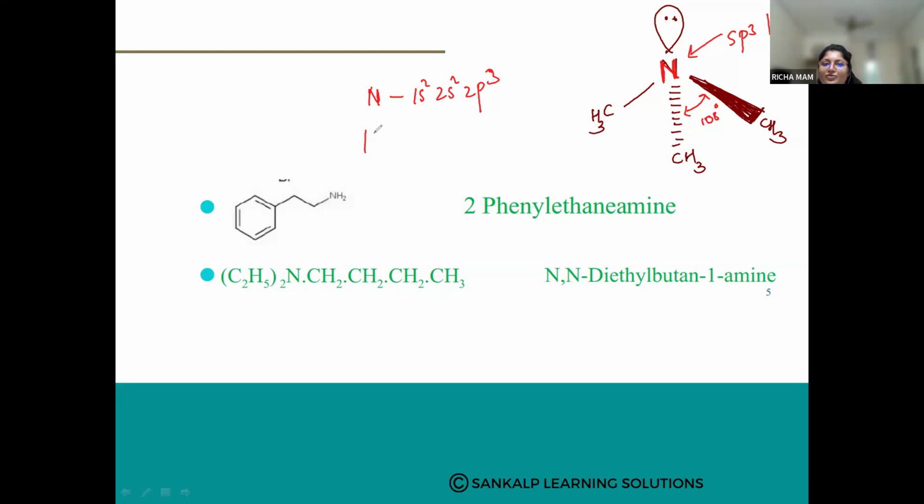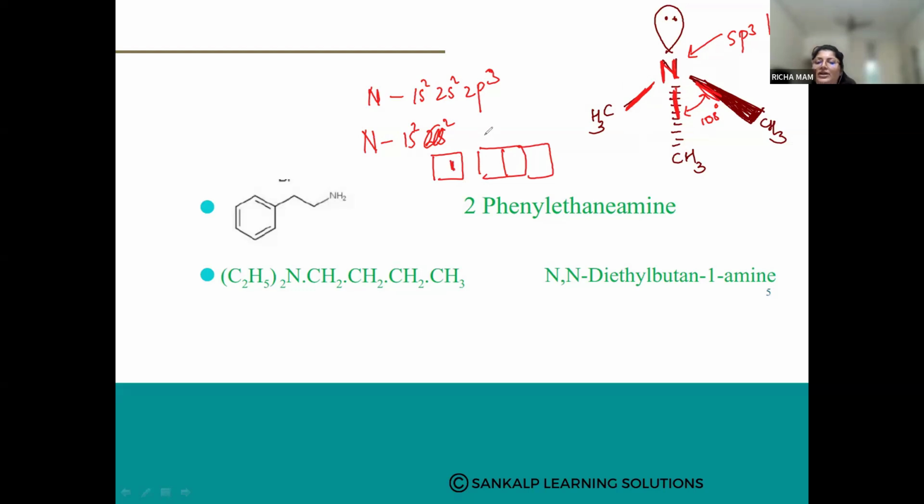Out of these four hybrid orbitals, three hybrid orbitals form sigma bonds with hydrogen atoms, alkyl or aryl groups.